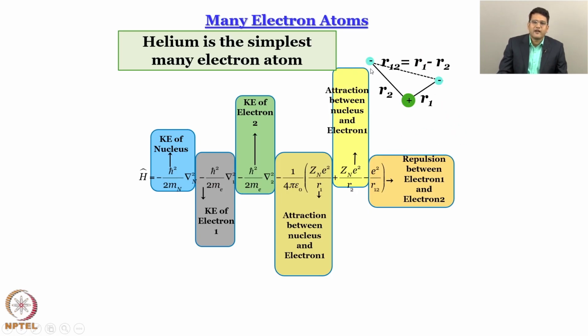If I describe its Hamiltonian, first of all it will have the kinetic energy of electron 1, the kinetic energy of electron 2 and the kinetic energy of the nucleus. There are potential terms, that is the attraction between the nucleus and electron 1, and the attraction between the nucleus and electron 2, as well as an electron-electron repulsion. So in total, if we count, there are 6 terms.